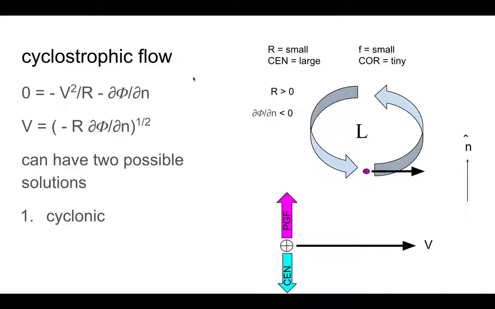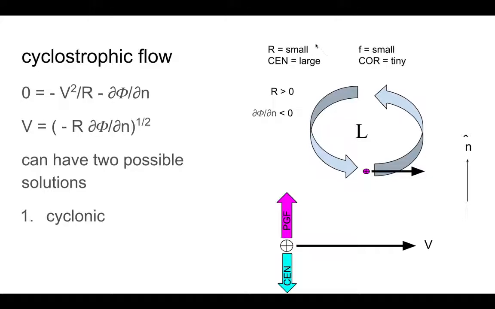Now the next approximation is, what if the Coriolis force is really small? So let's say we're looking at the low latitudes where f is close to 0 and the Coriolis acceleration is tiny or 0 or small enough to neglect.